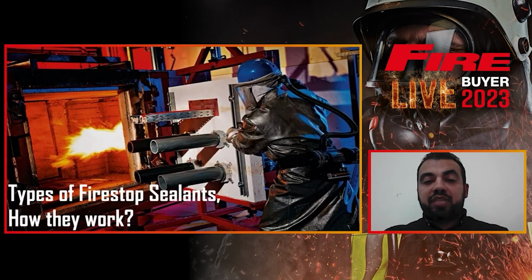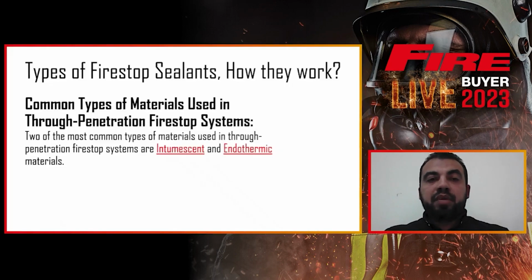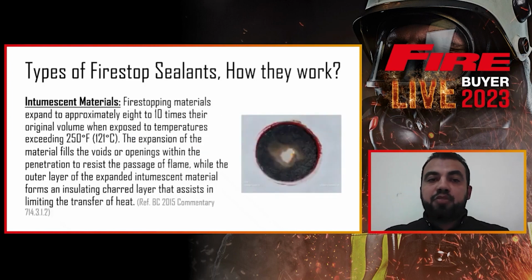Let's move now to the type of fire stop sealant and talk in depth about how they work. The common types of material used in through penetrations are mainly two types: intumescent materials and endothermic materials. Intumescent fire stopping materials expand to approximately 10 times their original volume when exposed to temperatures exceeding 250 Fahrenheit.